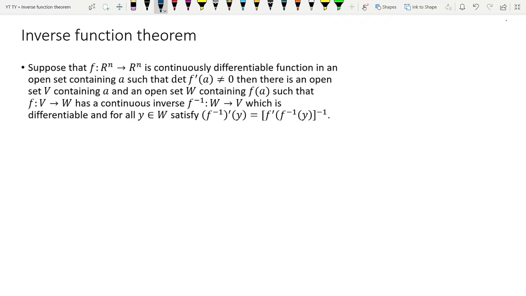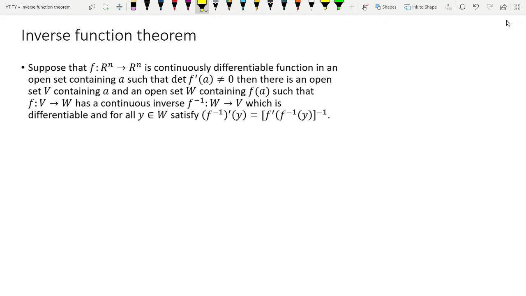Then there is an open set V containing A and an open set W containing f of A, such that f from V to W is continuous, has a continuous inverse f inverse from W to V, such that it is differentiable, and for all y inside it, the derivative of the inverse is nothing but the reciprocal, or I will say the inverse, of the derivative. Now if you see over here, this is a very important thing that we need to prove, right?